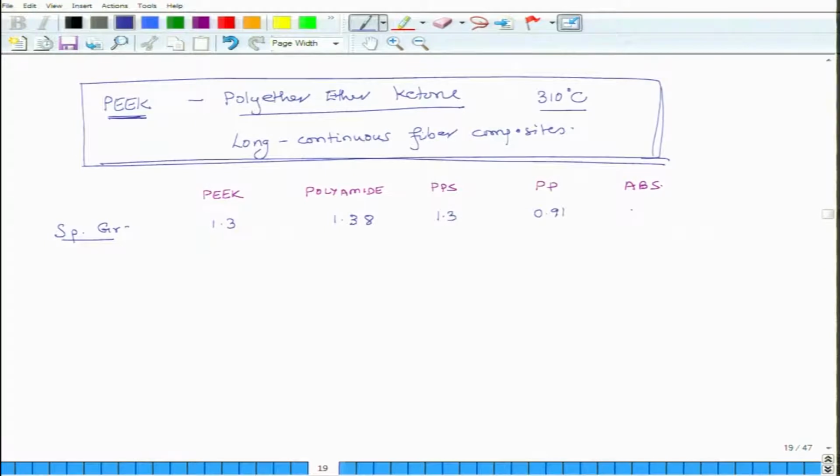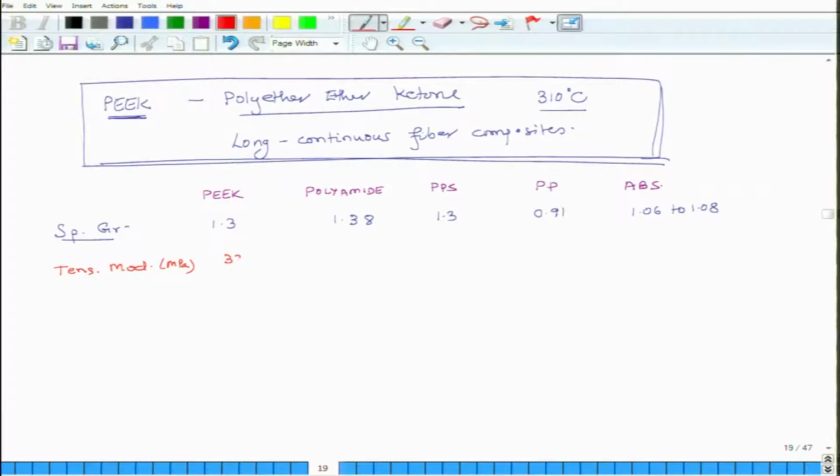And then ABS is about 1.06 to 1.08. The next property we will look at is tensile modulus. And this is in MPa.